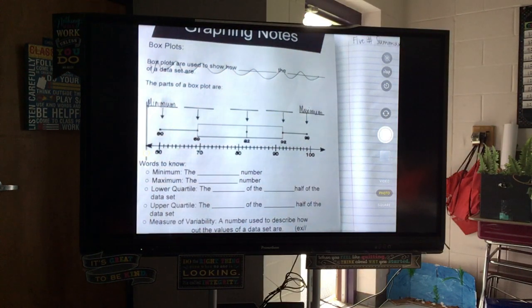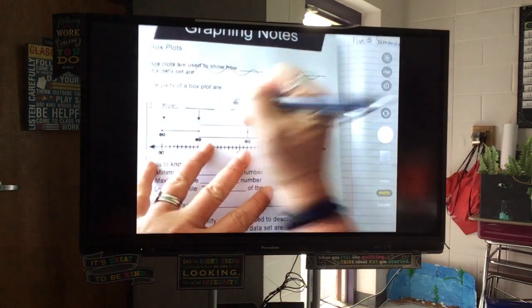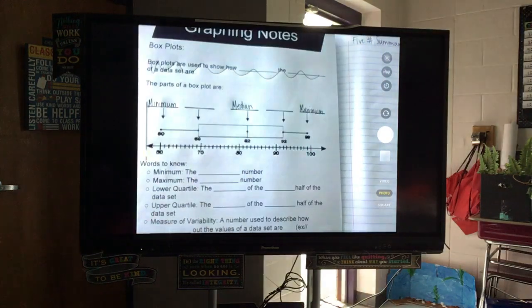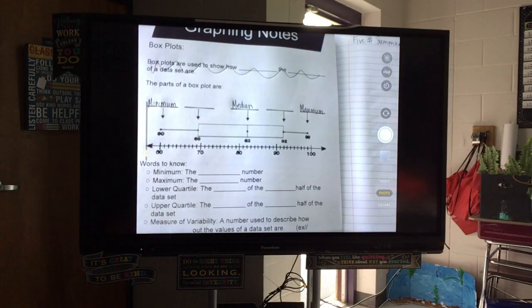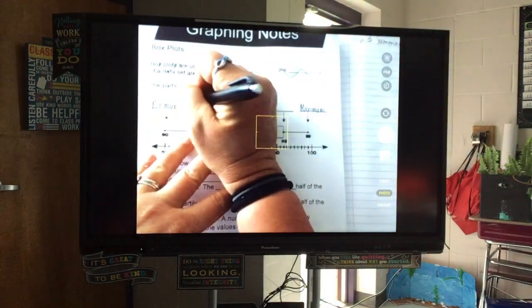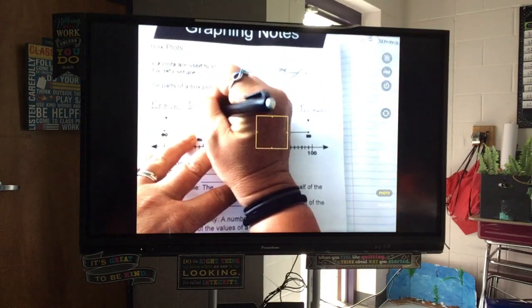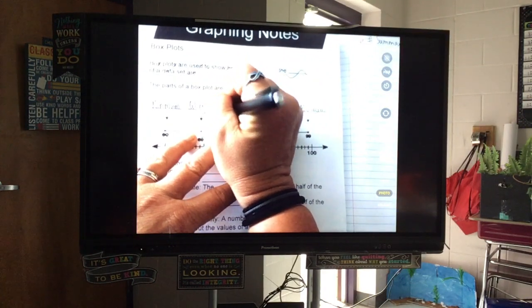All right, what else? Give me another one. So you have 3 left. Alex. 82 is our median. And then we have 2 left. Okay, so this is Q1 or your first quartile.